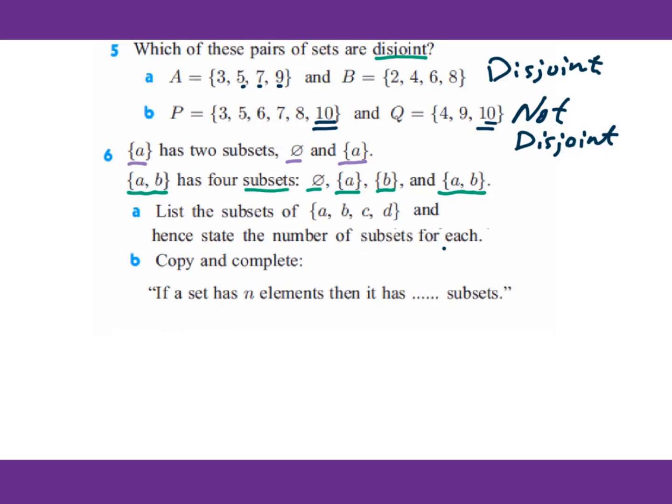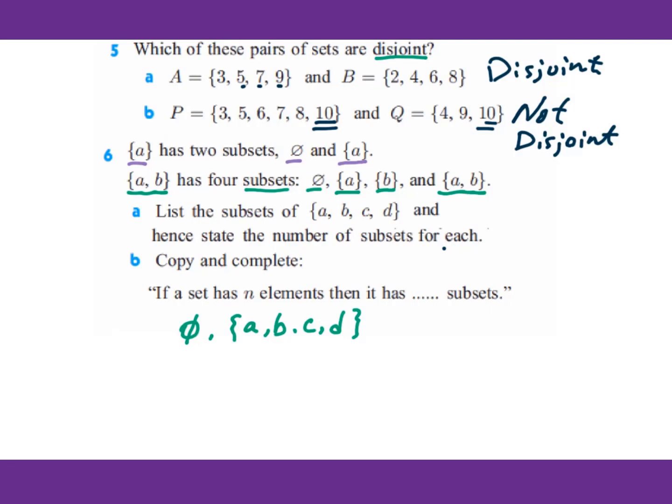List the subsets of A, B, C, D. Hence, state the number of subsets for each. Remember, empty set and itself will always be subsets of any set. So I have empty set and A, B, C, D.